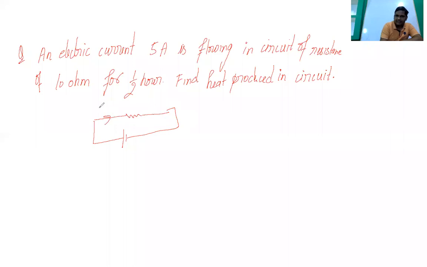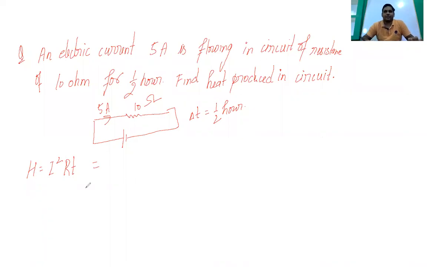Here the current flowing is 5 ampere and this is your 10 ohm. And the time interval they have given is half an hour. So what you have to calculate is the heat produced. While calculating the heat produced, you should be very clear that the unit of each and every physical quantity should be in SI.